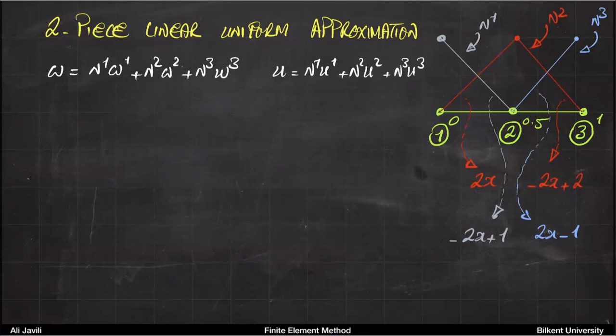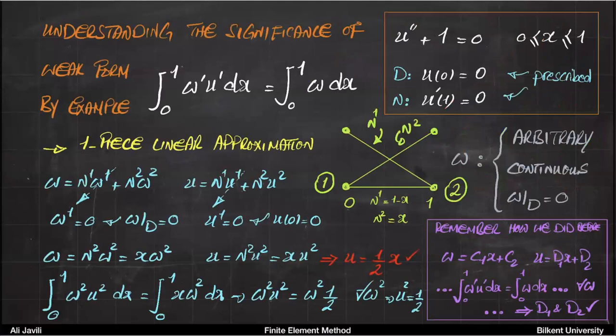Similar to before, because of the boundary conditions, you know that u1 is 0. So we know displacement at node 1 is 0. Here, this is given.